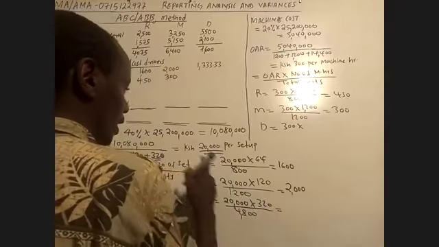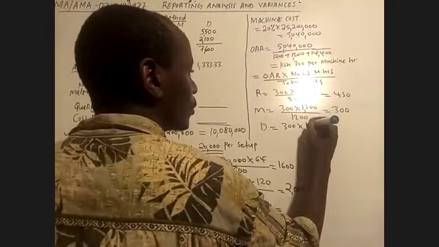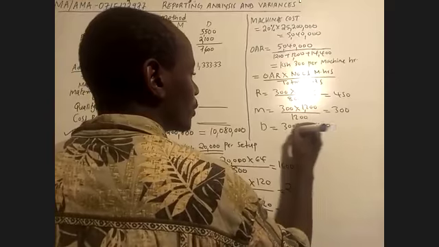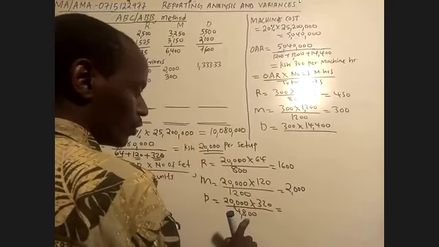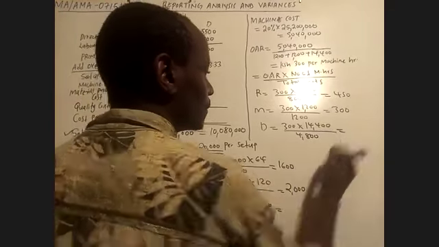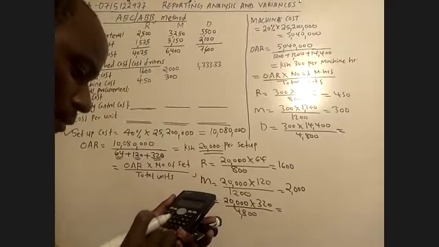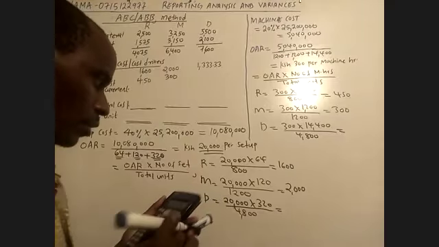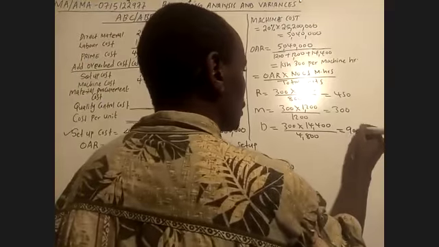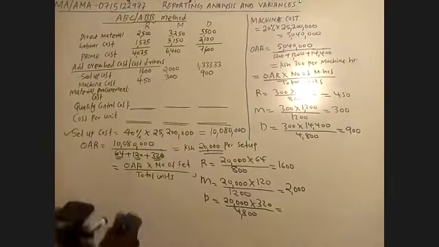We multiply with the number of total hours, 14,400. The total units is 4,800. So 300 times 14,400 divided by 4,800, which is 900. In this case, we are getting 900.